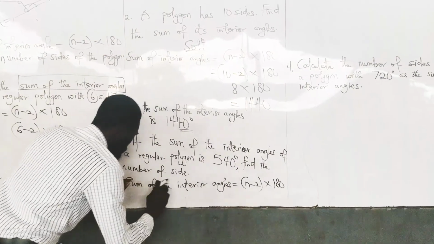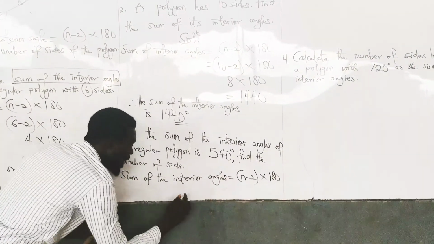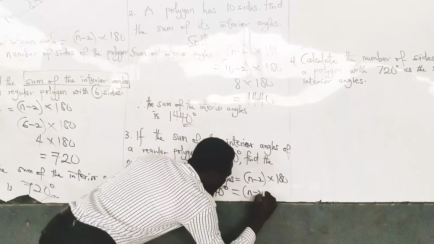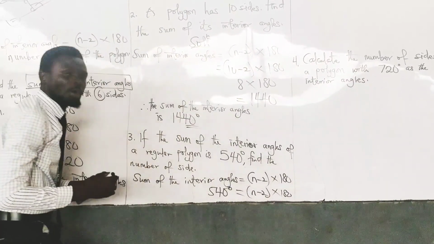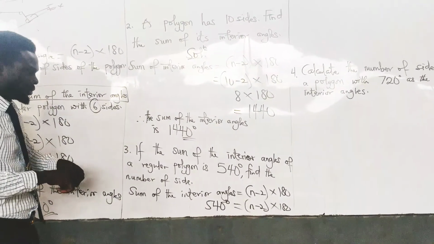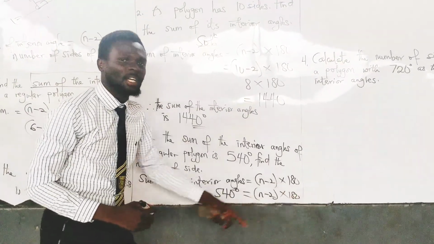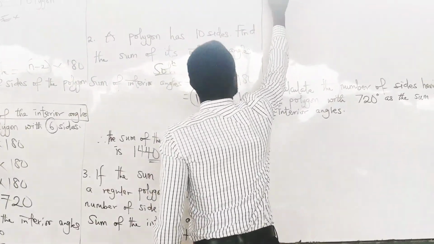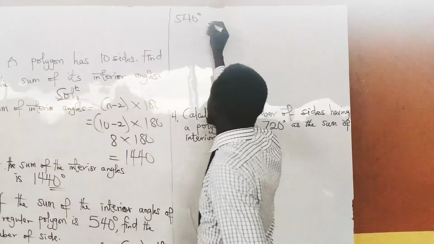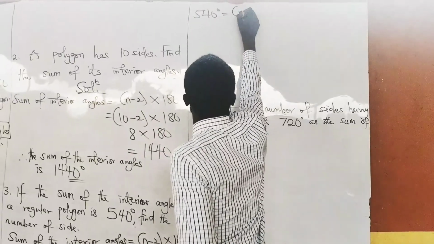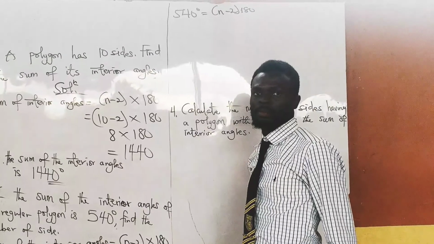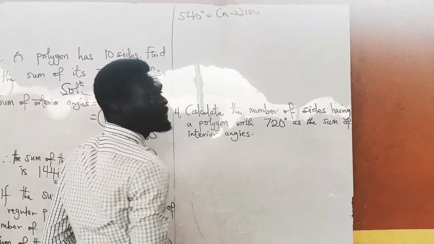So I am going to equate the sum of the interior angles, 540, to this formula, so that I will be able to solve for n. This gives me a simple linear equation: 540 degrees, the sum of the interior angles, is equal to the formula used to calculate it. What do I do from here?